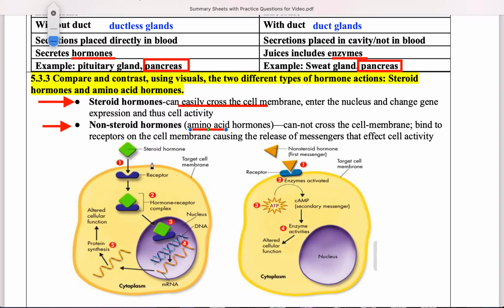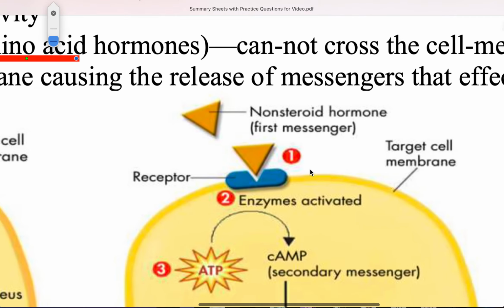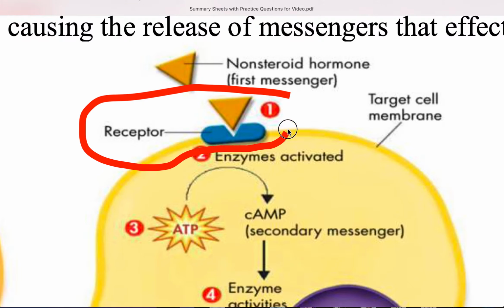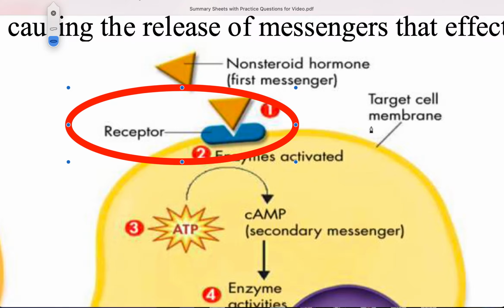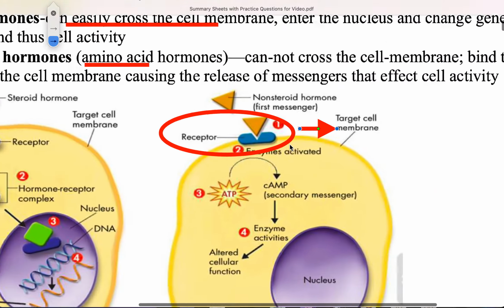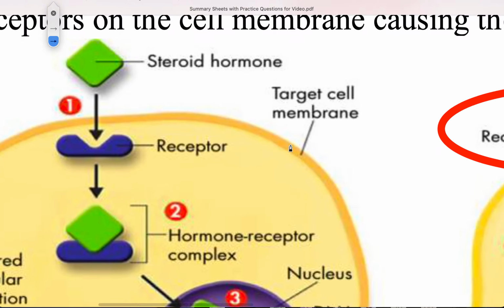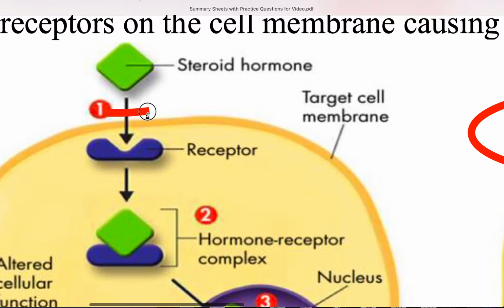The main difference between these two is that non-steroid hormones need a receptor, and this receptor is present in the cell membrane. But if you look at the steroid hormones, they don't have a receptor in the cell membrane.